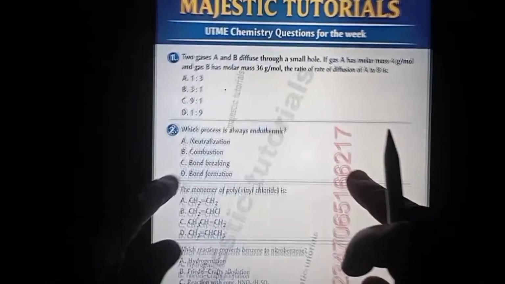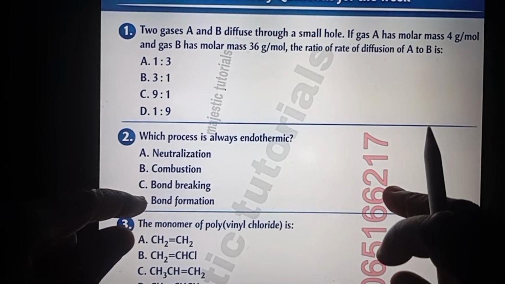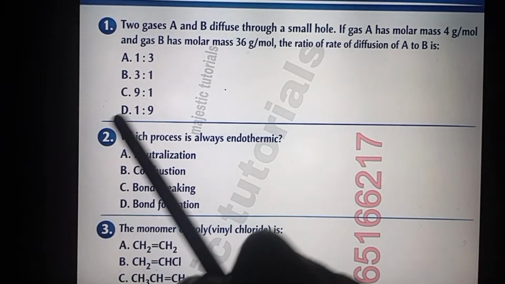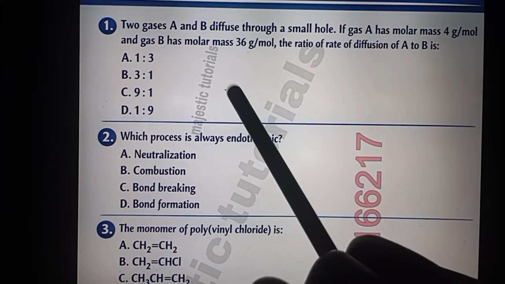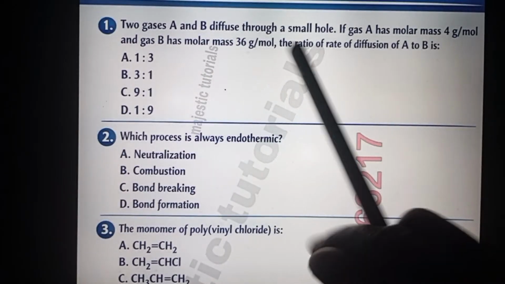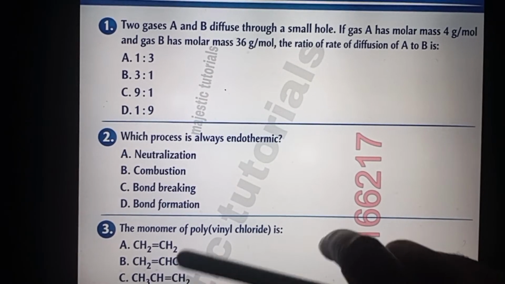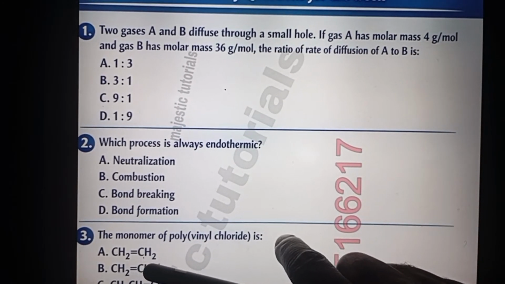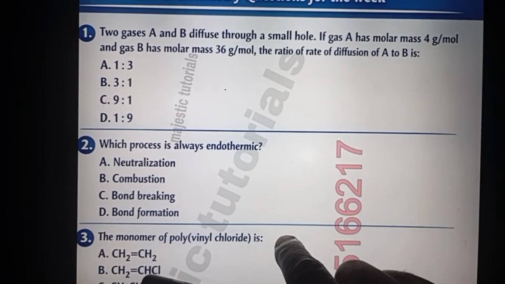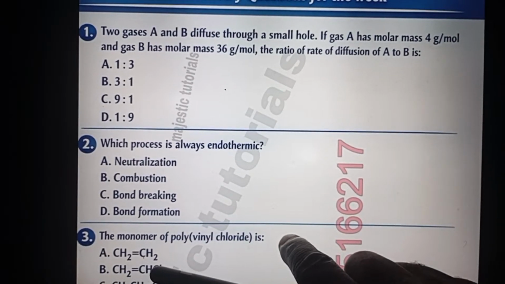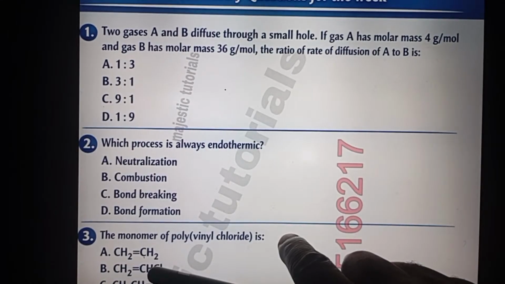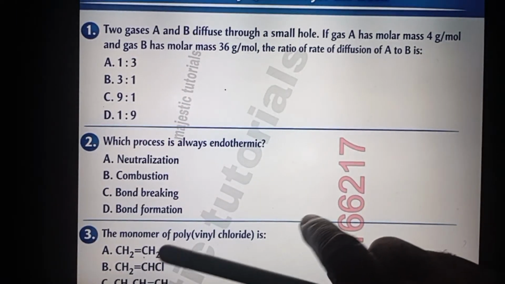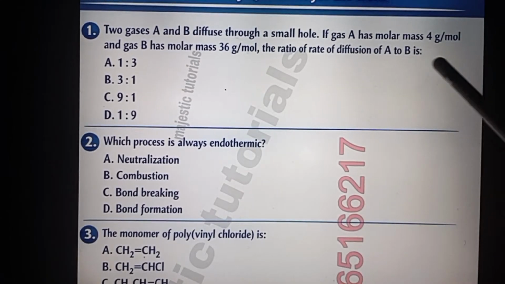Question number 1 says that two gases A and B diffuse through a small hole. If gas A has molar mass of 4 gram per mole and gas B has molar mass 36 gram per mole, what is the ratio of the rates of diffusion of A to B?